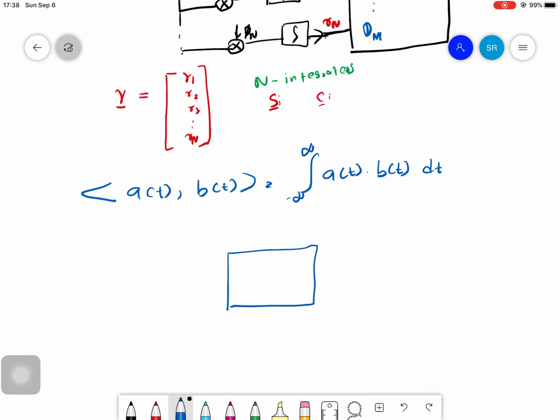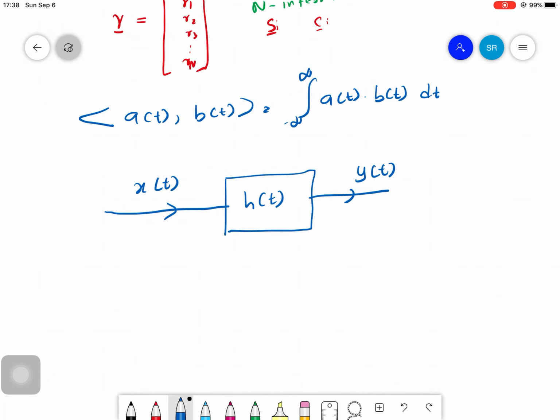I have a linear time invariant system whose impulse response is h(t), and I feed the system a signal x(t), and it gives an output y(t).